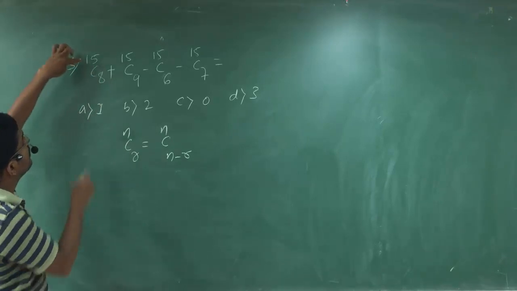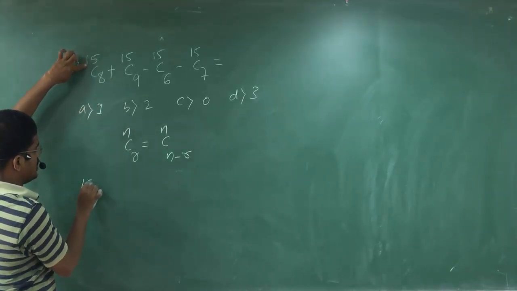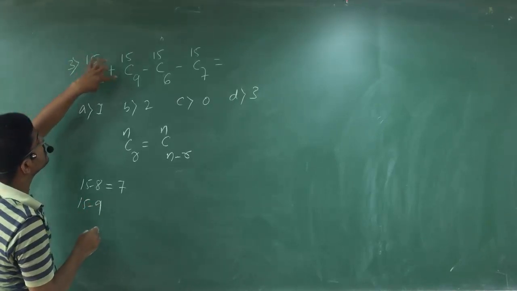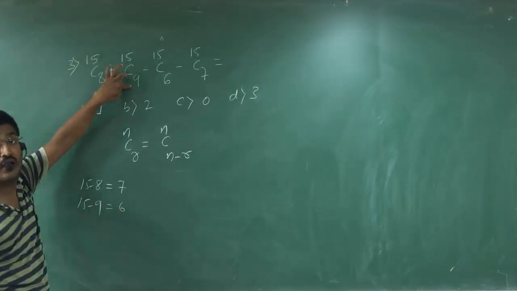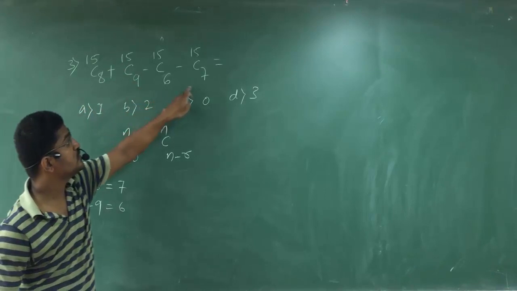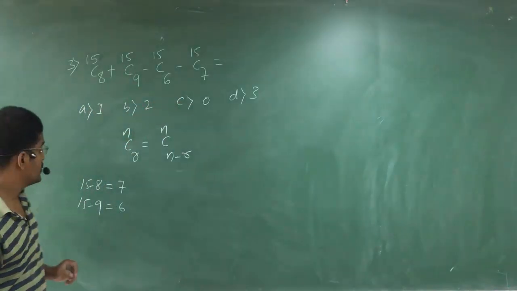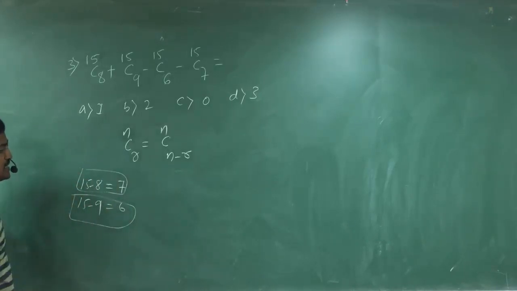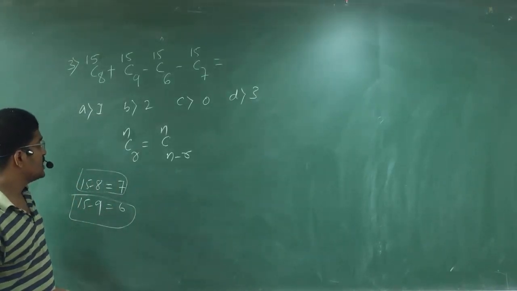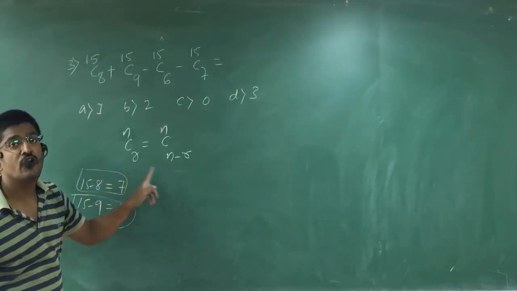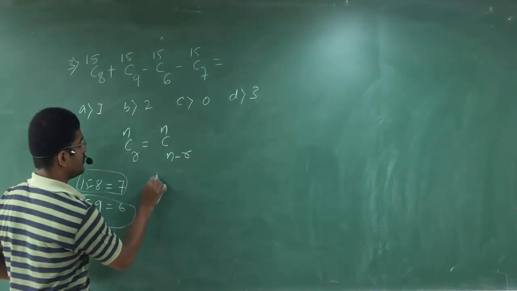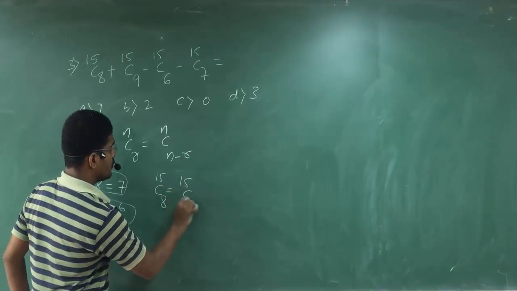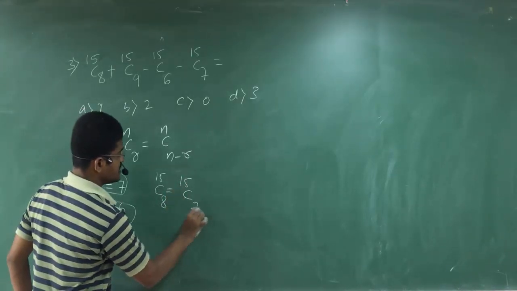This formula we know. Why? Because see here, 15 minus 8 is 7, 15 minus 9 is 6. Are you getting my point? Those two terms are present here. So by using this formula, how can you write 15C8 is equal to 15C7?